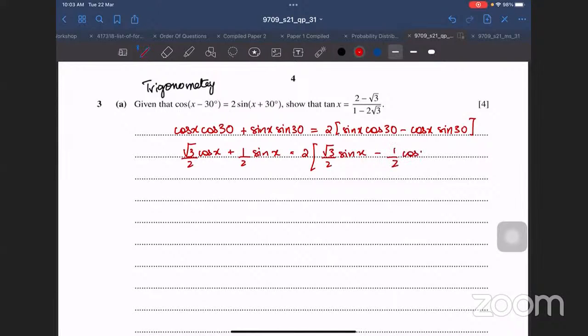So I have calculated the values for sin 30, cos 30, and so on. I can get rid of all the 2's in the denominator. That sort of simplifies my expression. I get root 3 cos x plus sin x equals 2 root 3 sin x minus cos x.